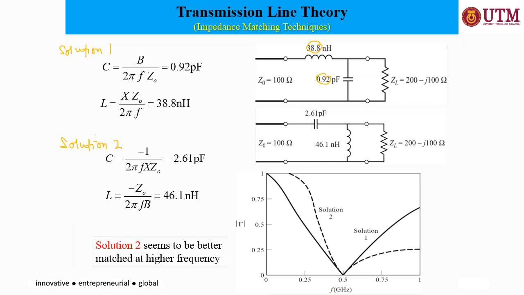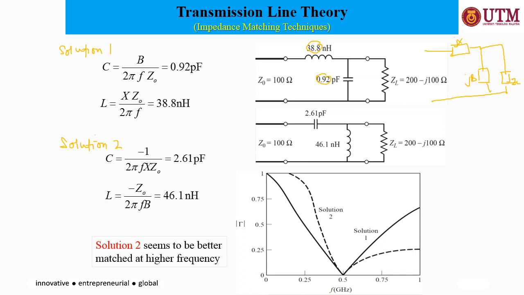When you have the normalized impedance within the 1 plus jx circle, the configuration will be jx in series, and then the first element jb will be in parallel to the load ZL.